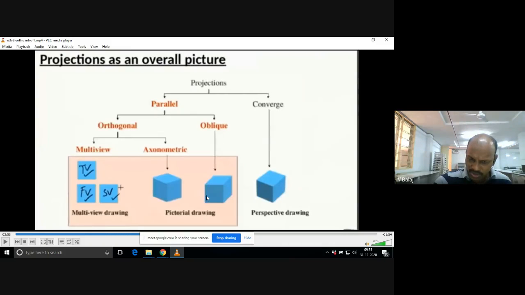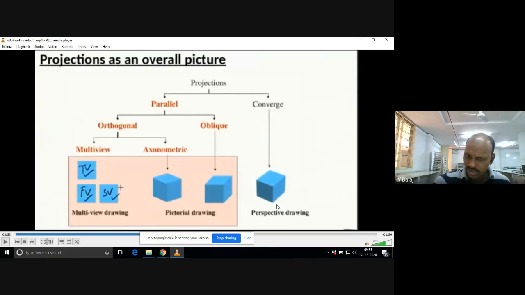However, this oblique projection and this converge projection are not in our syllabus, but remember in the orthogonal projection, the rays are parallel to each other and perpendicular to the plane of projection. That is what we have discussed right here. But coming to oblique, the rays are not parallel to each other.